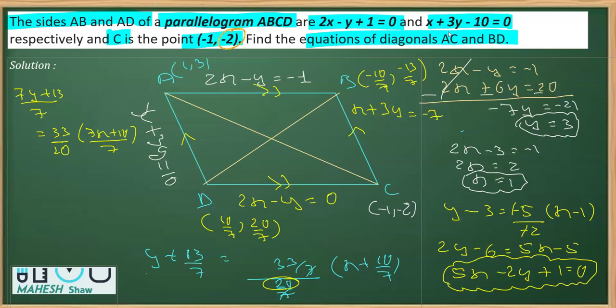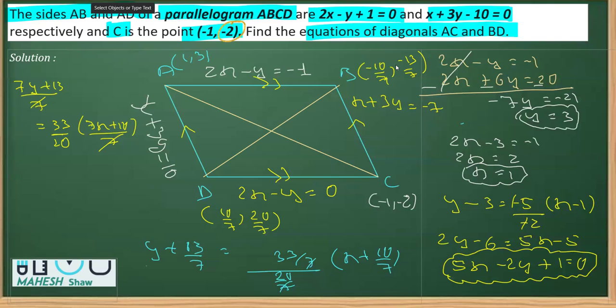I can cancel this 7 and 7 and then do cross multiplication. So finally, we'll get 20 multiplied by 7y plus 13 is equal to 33 multiplied by 7x plus 10.